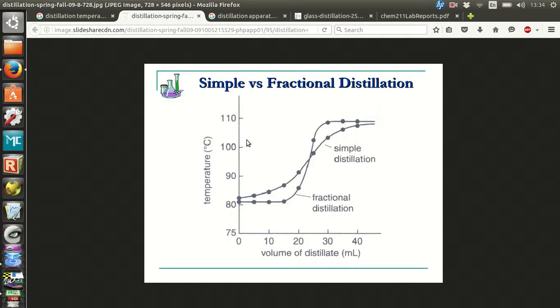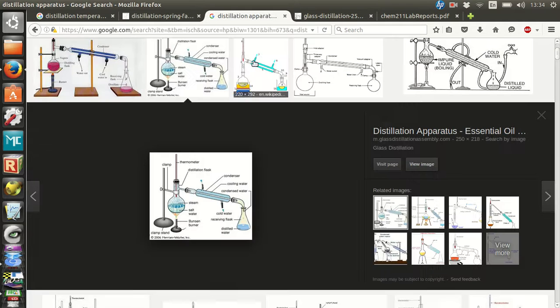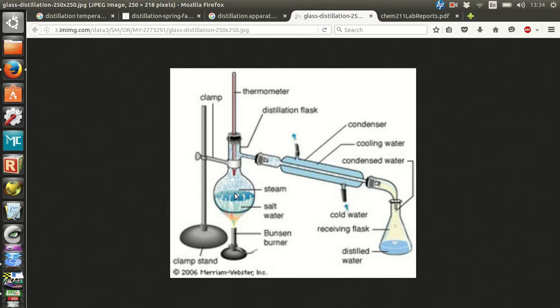On your graph, you must have the title, simple versus fractional distillation. You must have the y-axis having the word temperature, and then it could be temperature of vapors, but you also have to have the units. The x-axis has to have milliliters. It also has to say distillates, because we're not interested in the milliliters of the mixture.